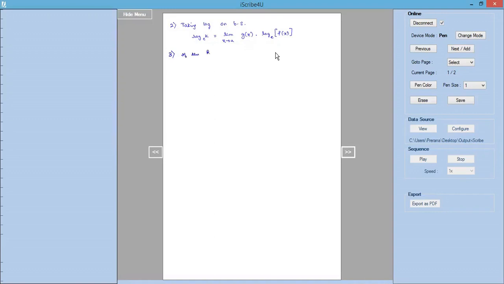If the right hand limit is say L, then we obtain log k to the base e is equal to L. And by applying antilog on both sides, k will be equal to e power L, which is the required limit.